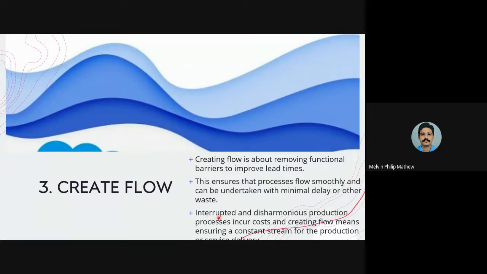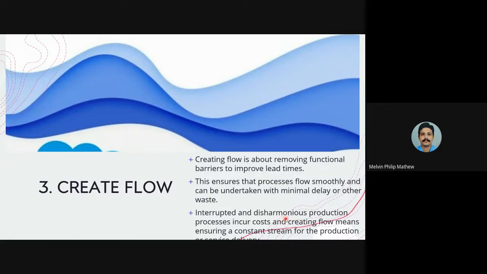Next point, interrupted and disharmonious production process incur cost, and creating flow means ensuring a constant stream for the production or service delivery. So two points are mentioned here. One is interrupted and disharmonious production. In the sense, if it is not a lean manufacturing process, then the processes consist of certain delays or interruptions or disharmonies.